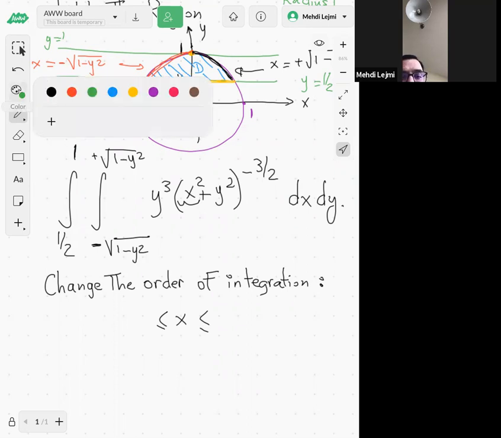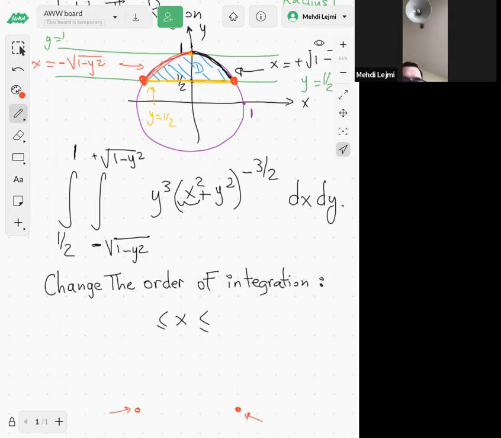For this region, you have this point here and this point here, so you have to find the x coordinate of this point and the x coordinate of this point. Then you connect these two points using the graphs of two functions. Here in the bottom, this is y equals half. And here in the top, this is the equation of the circle, so y equals plus, because y is positive in the top, square root of 1 minus x squared.